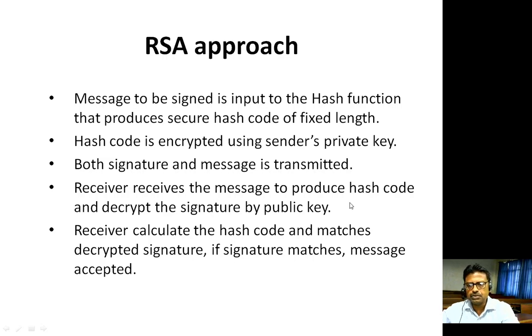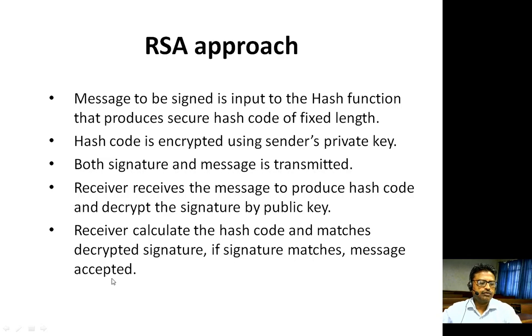The receiver then matches the hash code it has calculated from the received message against the hash code obtained by decrypting the signature. If they are the same, the message is accepted. If they are not the same, it is not accepted.